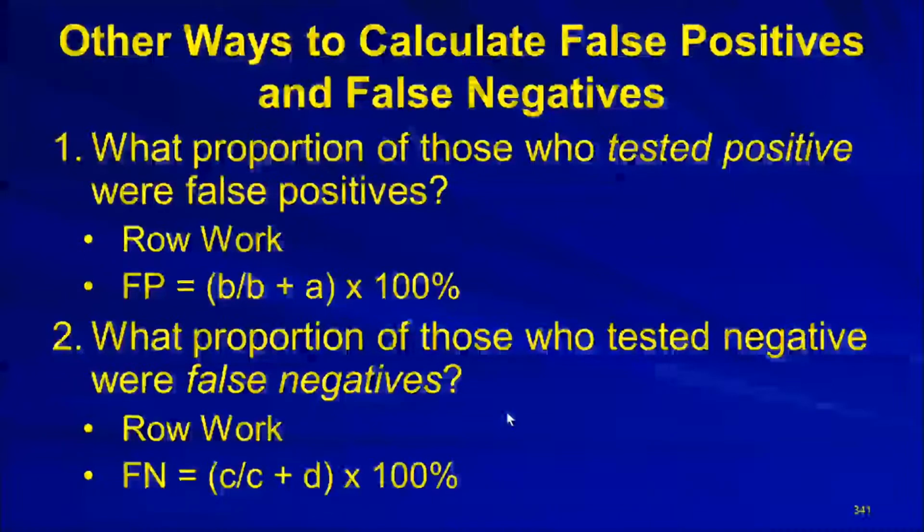So we can calculate false positives and false negatives in two ways. The traditional way is by column work, and the less often seen method but still used is row work.